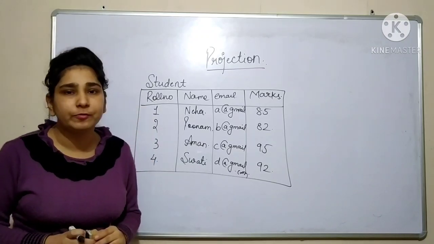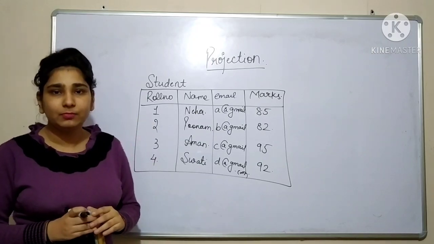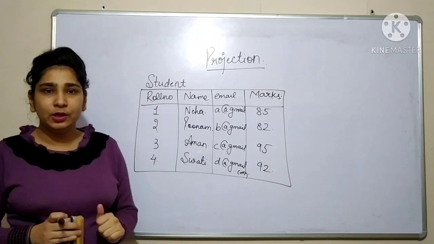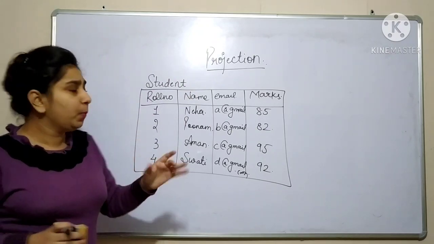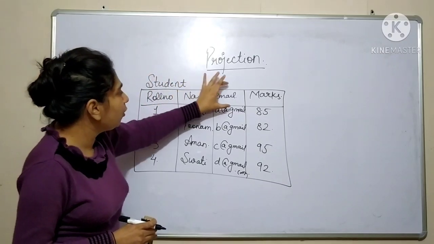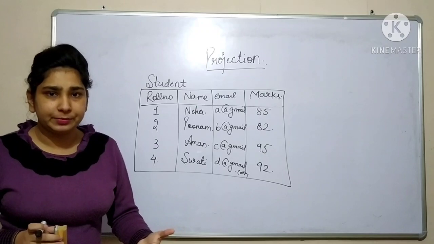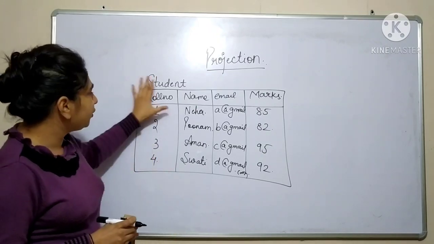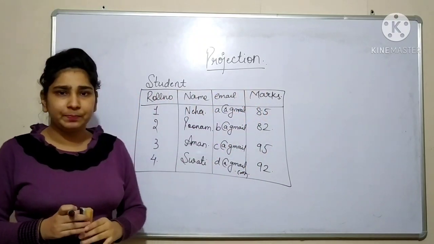But what does projection say? Projection says if you don't want all of the attributes in your output, if we don't want to fetch the details of all of the attributes.